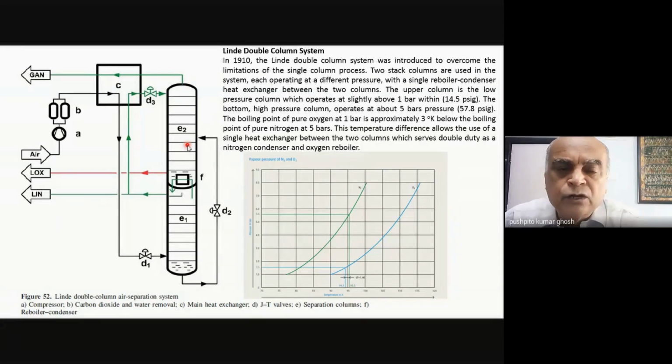To liquefy something, you need a lower temperature, and that is very cleverly done with the help of this expansion valve.